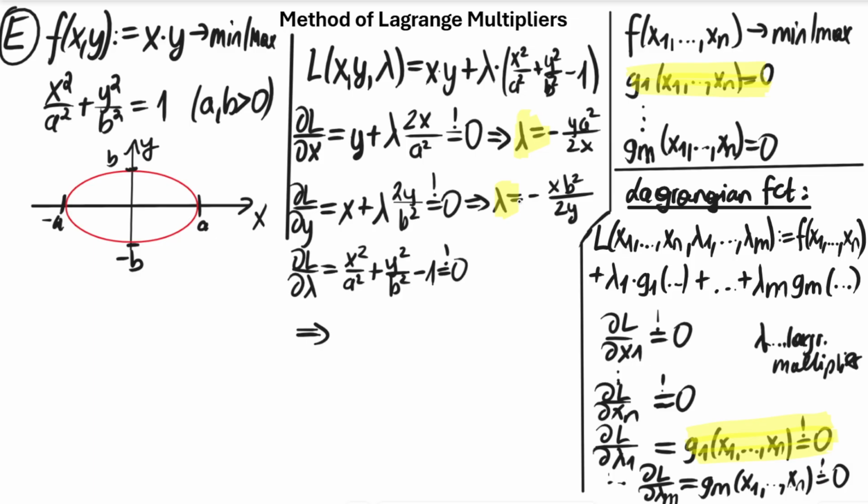So I can neglect the minus, I think. So y a squared divided by 2x is equal to x b squared divided by 2y. The 2 cancels out. So we express one variable, for instance the y.